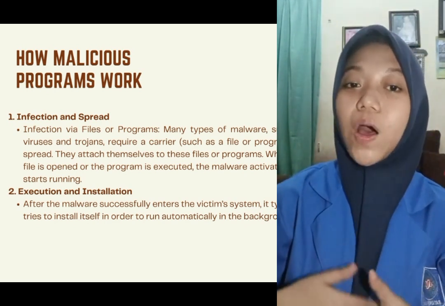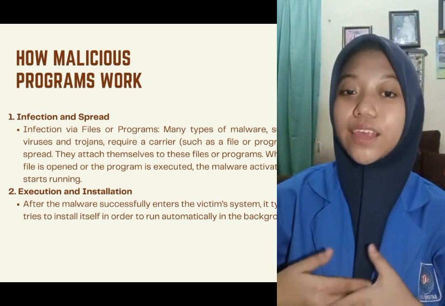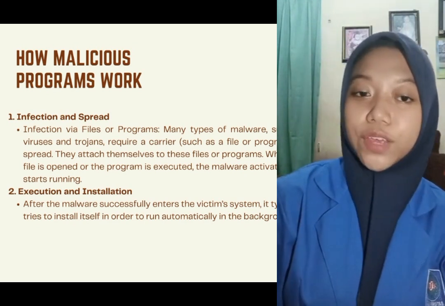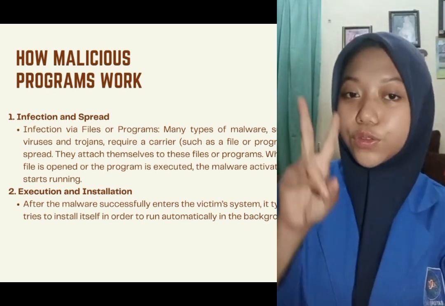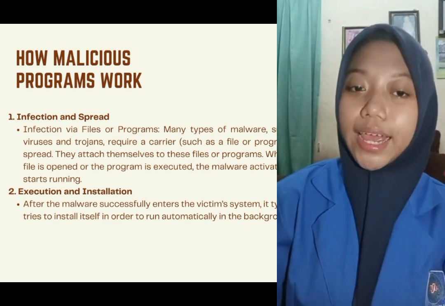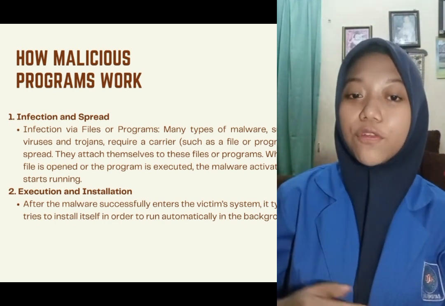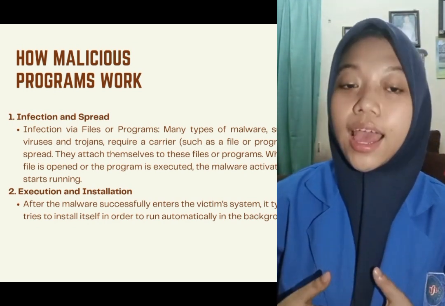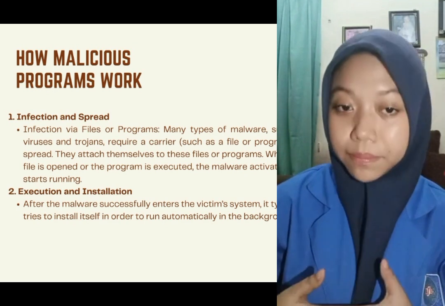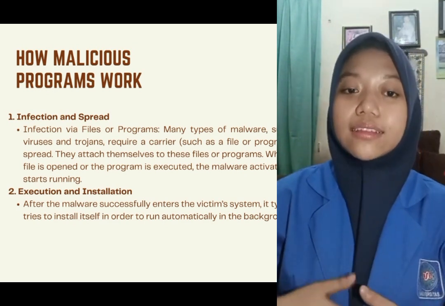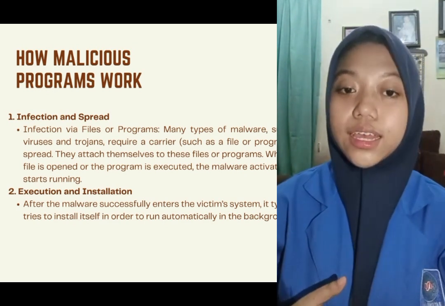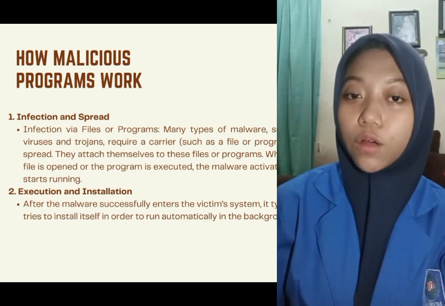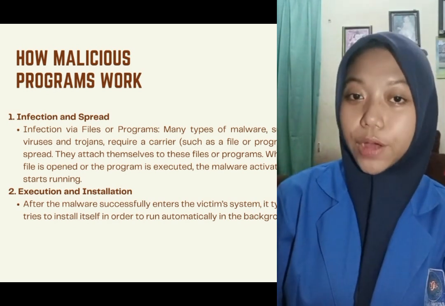When the file is opened or the program is executed, the malware activates and starts running. 2. Execution and installation. After the malware successfully enters the victim's system, it typically tries to install itself in order to run automatically in the background.